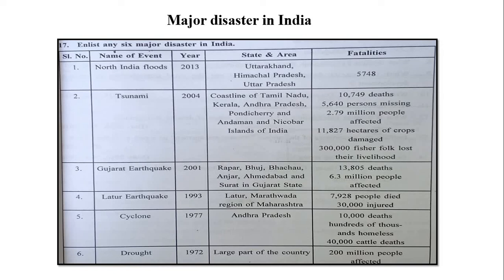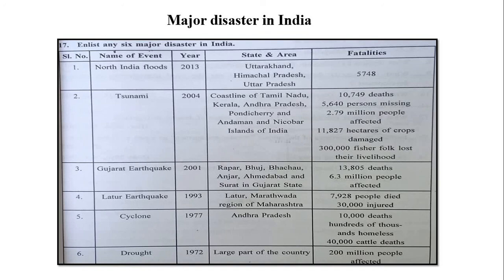Third one is the Gujarat earthquake in 2001. Rapar, Bhuj, Bhachau, Anjar, Ahmedabad and Surat in Gujarat state. 13,805 deaths, 6.3 million people affected. The Latur earthquake in 1993, Latur, Marathwada region of Maharashtra: 7,928 people died and 30,000 injured.